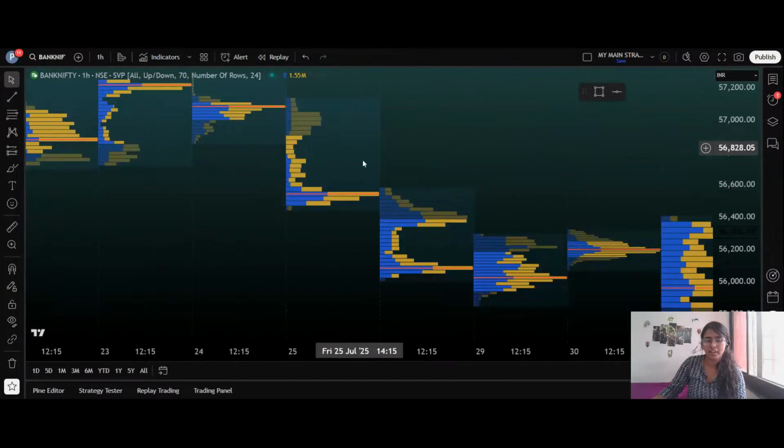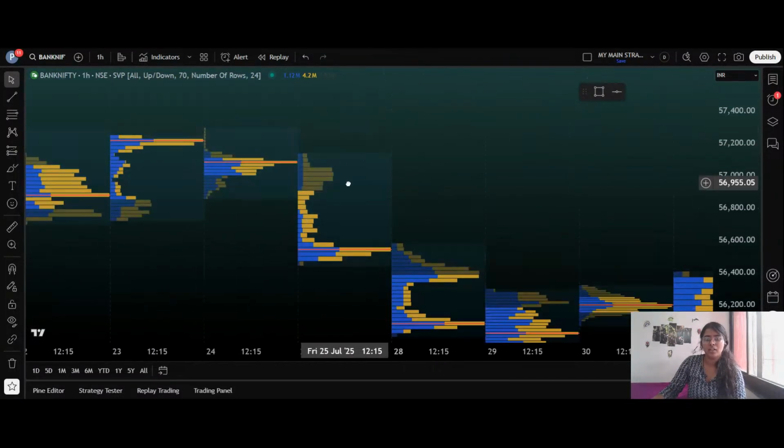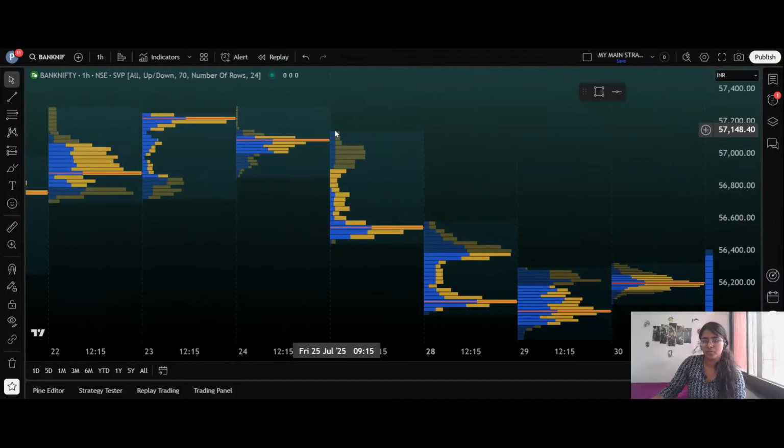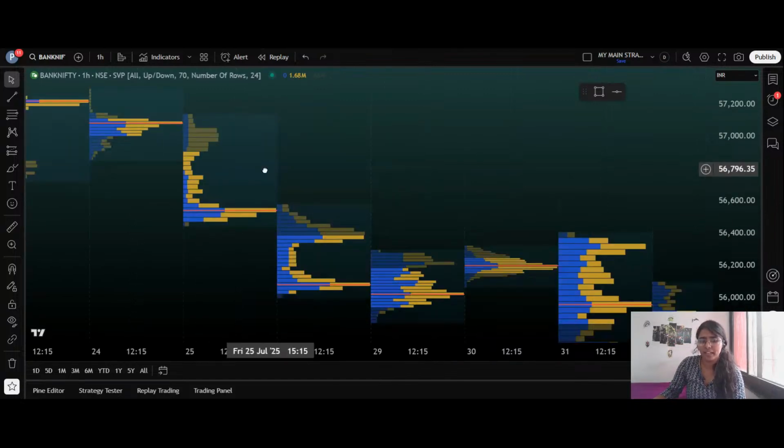Suppose here is a big candle, and the price starts from 57,145 and goes to 56,476, and many trades happen at different prices. This session volume profile candle divides the session and shows how much volume was traded in each profile.